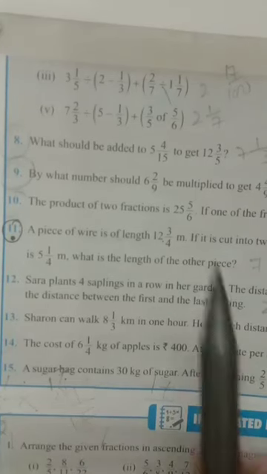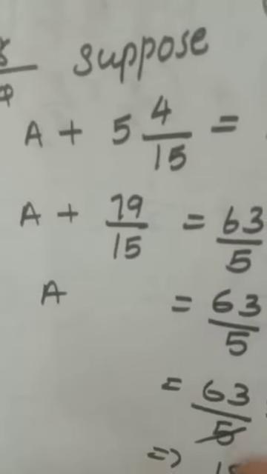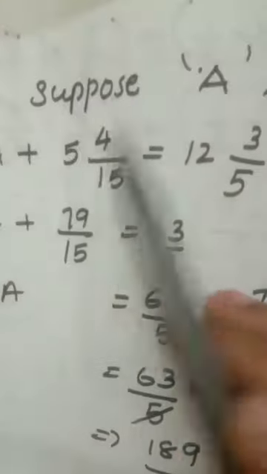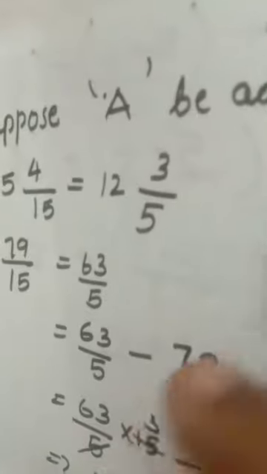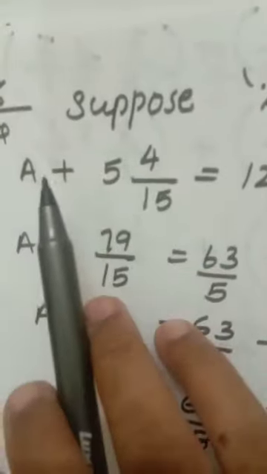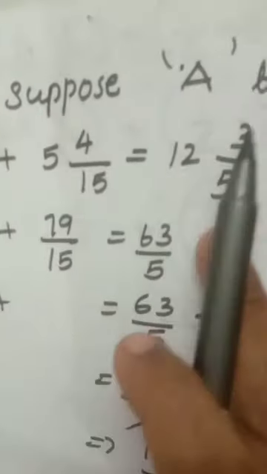Which number should be added? Clear? See, suppose A be added. Okay, A be added. A is adding to 5 and 4 by 15, you are getting 12 and 3 by 5.